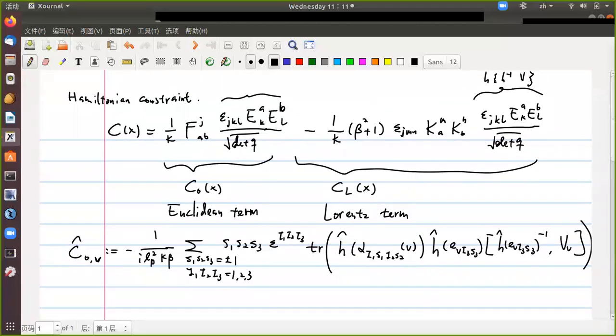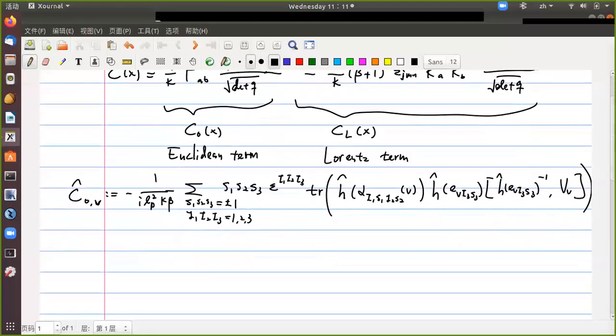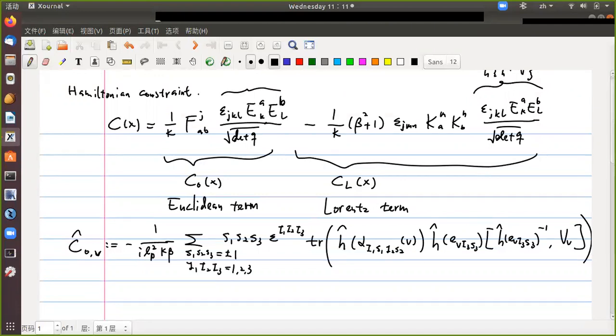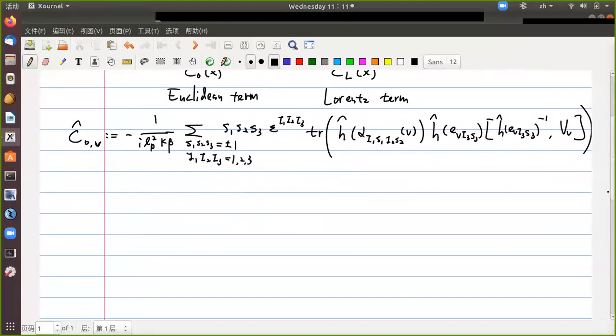All right. So now we are going to rewrite this Lorentz term in terms of a trace of the SU(2) Lie algebra, like what we did for the Euclidean term. Okay, so now let's talk about the Lorentz term. Firstly, C_L(x) can be written as minus kappa times beta squared plus 1, where beta is the Barbero-Immirzi parameter.